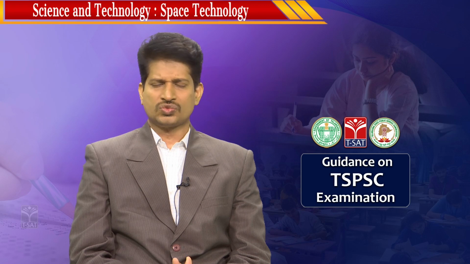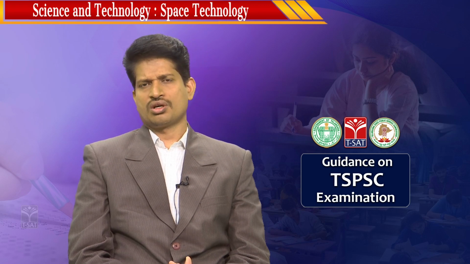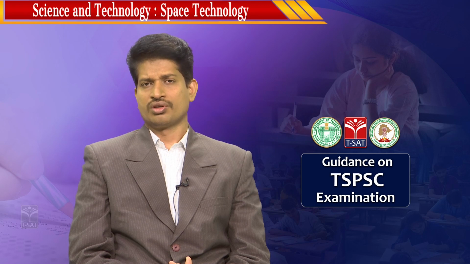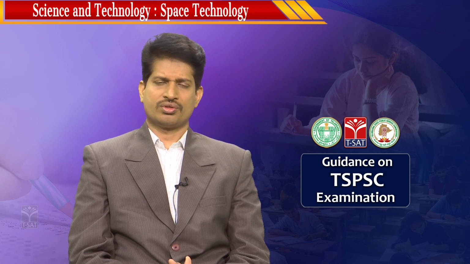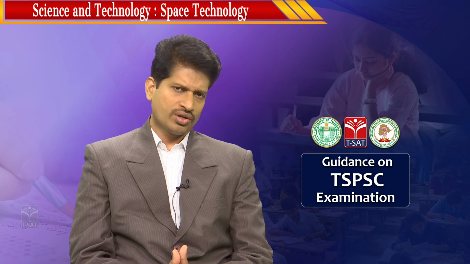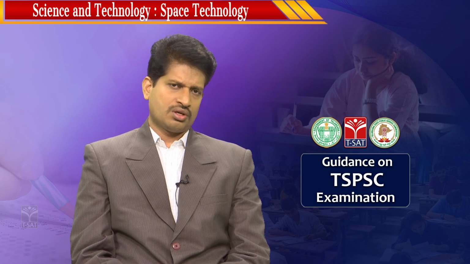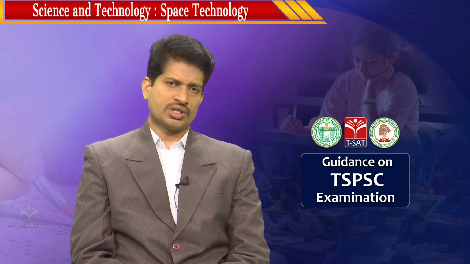So, this geostationary orbit is vertically above the equator, 36,000 kilometers away, and you have only one orbit, and the geostationary orbit is a circular orbit. So this is how, with the variation of altitude, the time duration varies for the satellite.